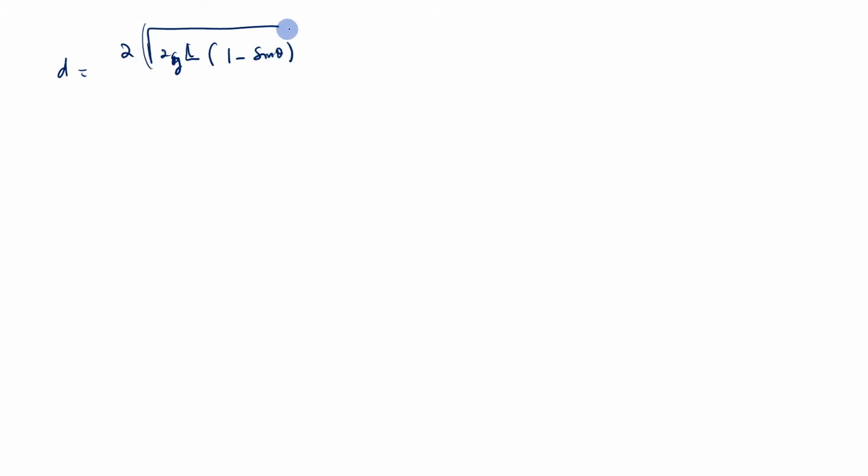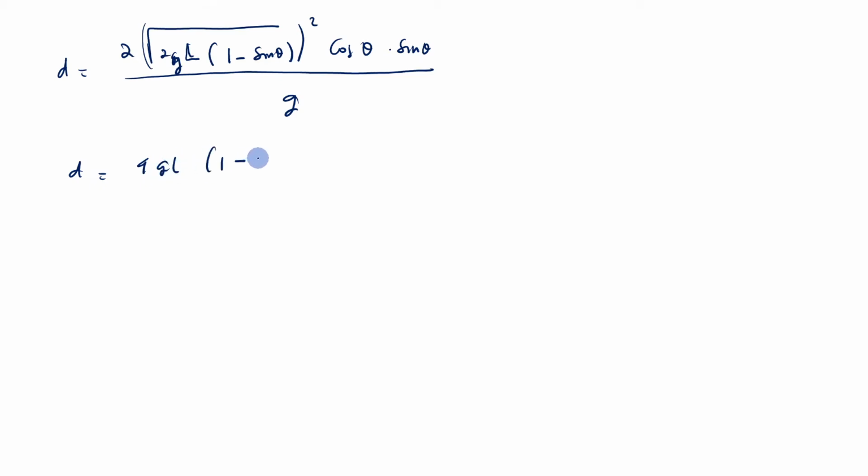Of course, this is the square root of cos theta times sine theta divided by g, and we can simplify this equation by taking 2 outside of the square root, and we can get 4l times 1 minus sine theta times cos theta times sine theta divided by g.